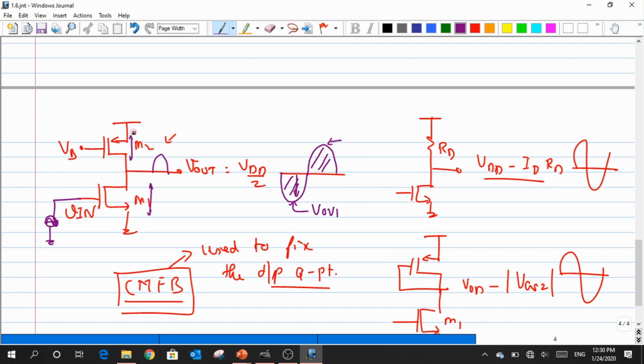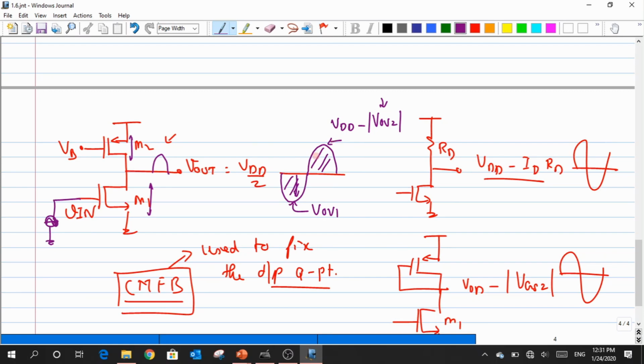Since it is read in a different way, this has to be reduced as VDD minus the modulus of VOV2. PMOS will have VOV as a negative value, okay? But for an NMOS, the VOV value will always be positive. That's the reason I used this modulus. Any doubt in this? Yeah.